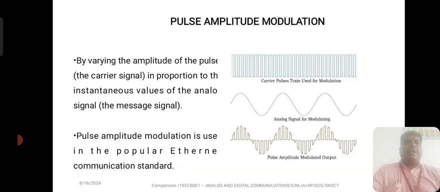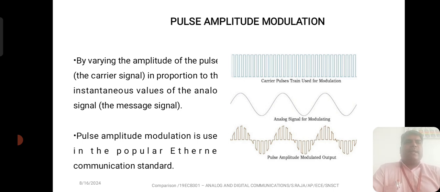The first and important one is pulse amplitude modulation. If you see this figure, the amplitude of the pulses of the carrier signal is varied in proportion to the instantaneous value of the analog signal. Pulse amplitude modulation is used in the popular Ethernet communication standard.